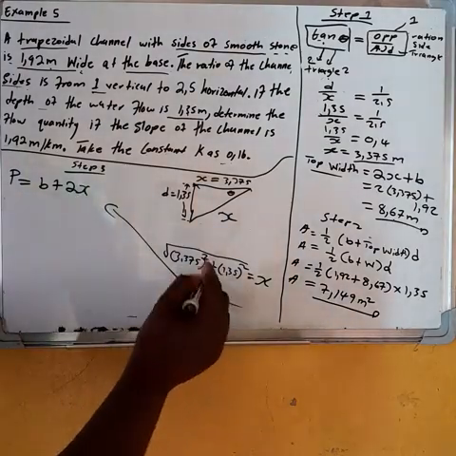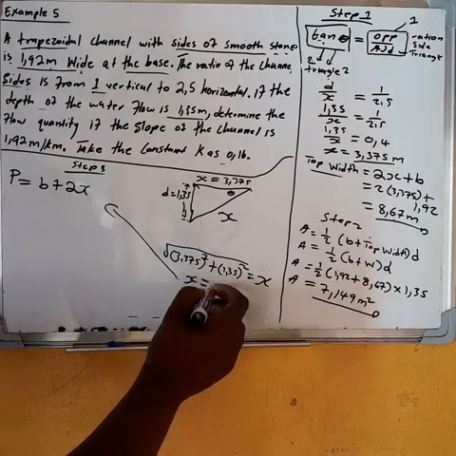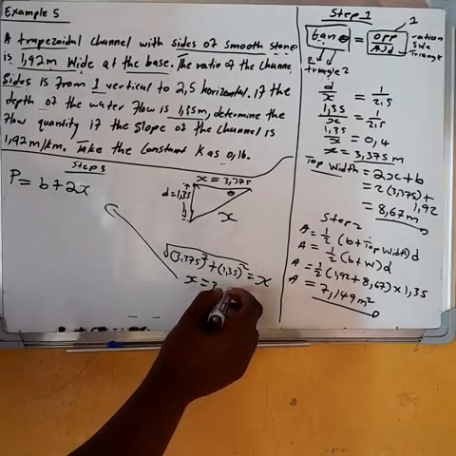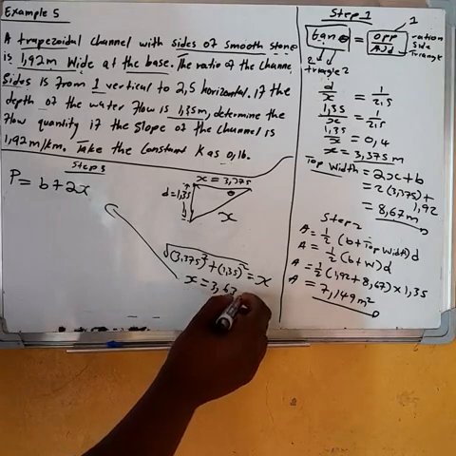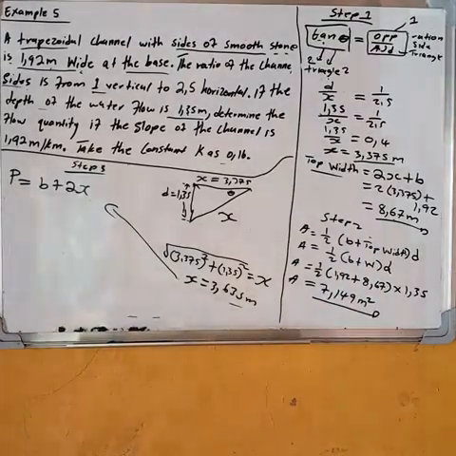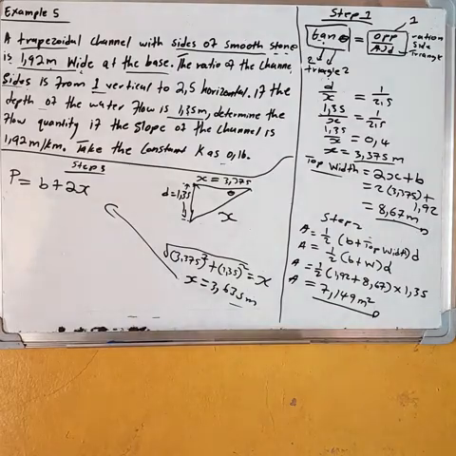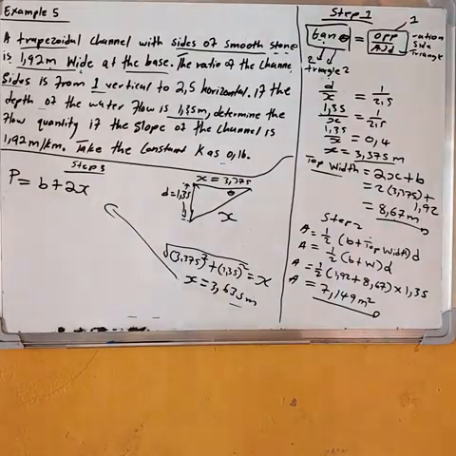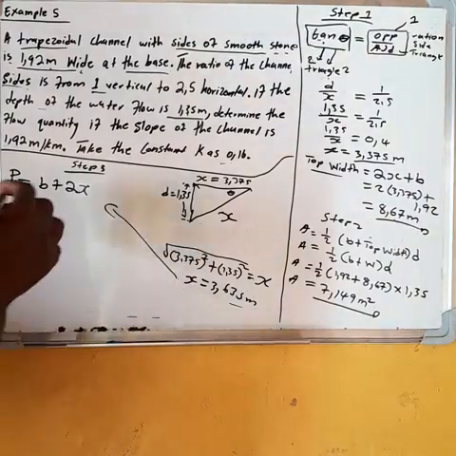Let it be x. Our x is 3,635. The formula is B plus 2x. Then you'll find your x using your Pythagoras.